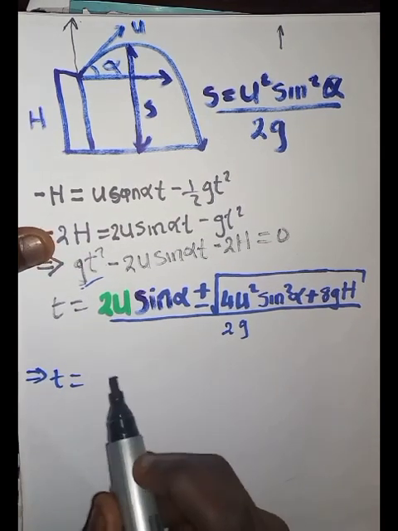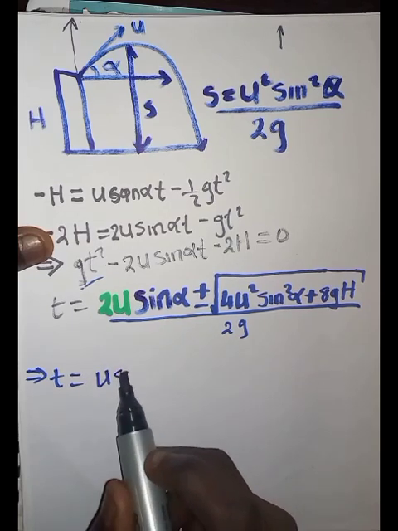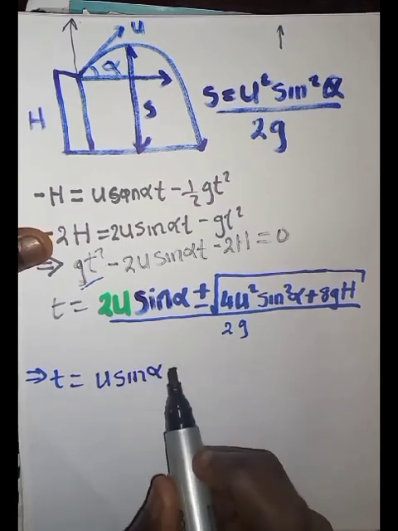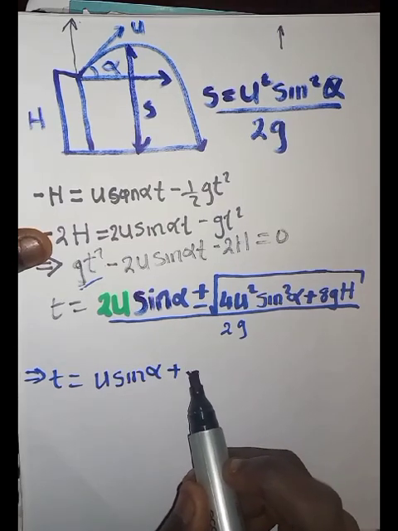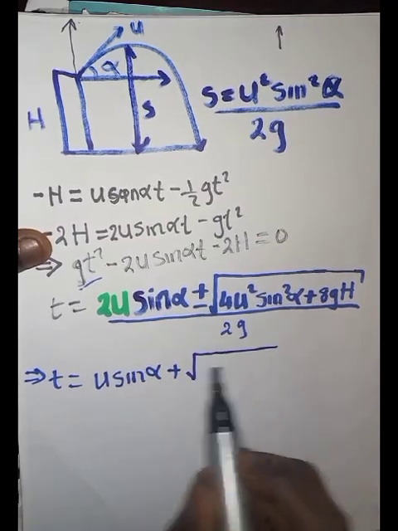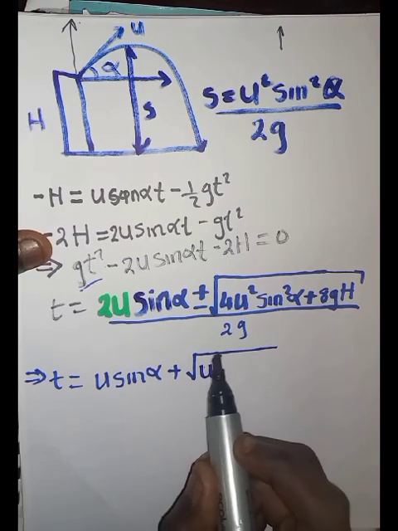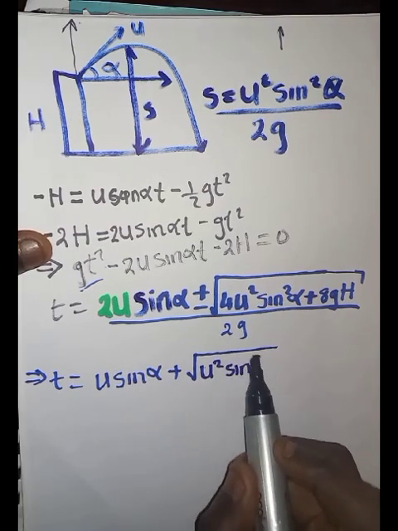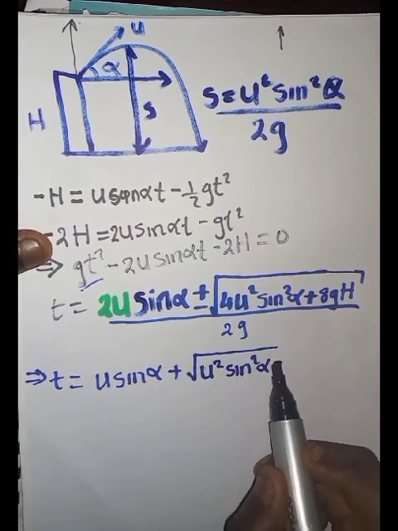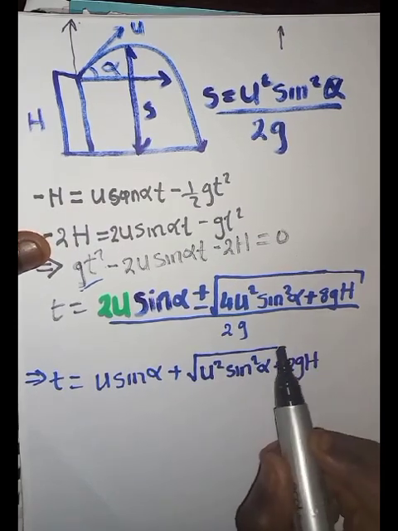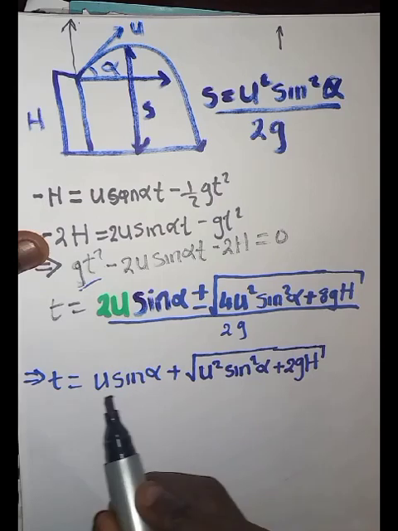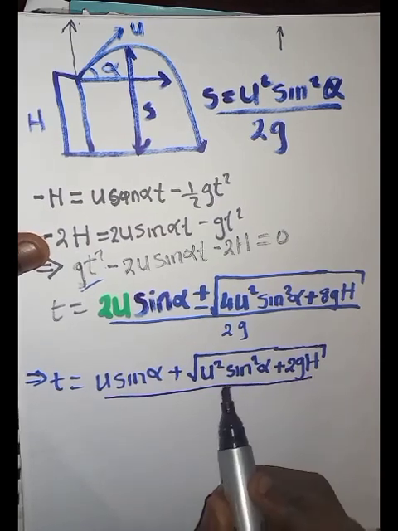So t is equal to u sine of alpha plus the square root of u squared sine squared of alpha plus 2gh. Great, 2gh, all that on g.